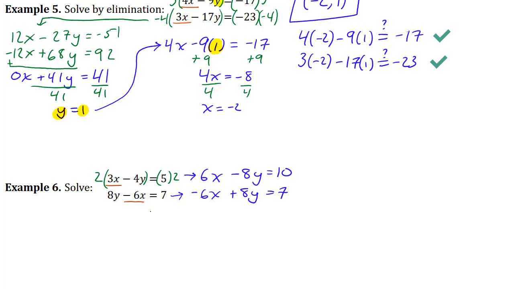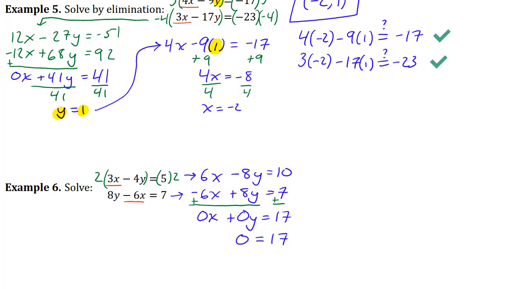So then let's see what happens when we add the left side to the left side and the right side to the right side. 6x minus 6x gives you 0x. And we have negative 8y plus 8y, and we get 0y equals 17 on the other side. So this is saying 0 equals 17.